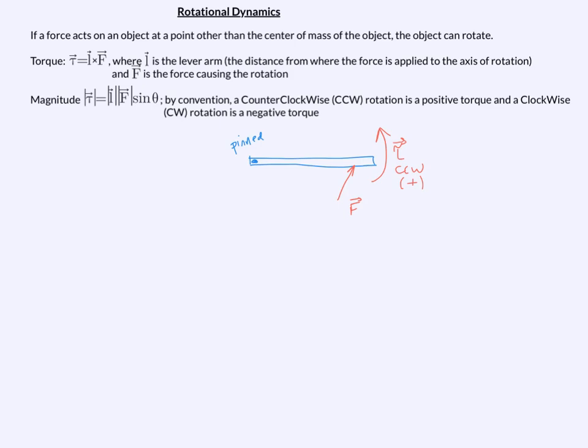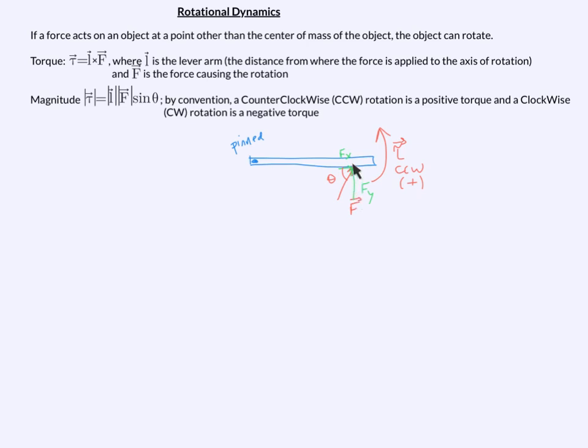Now also look at the fact that I have this force now broken up into components, so there's going to be, let's say, an Fy and an Fx, and I had chosen this to be my angle theta. The only component here that causes a rotation is the y component.